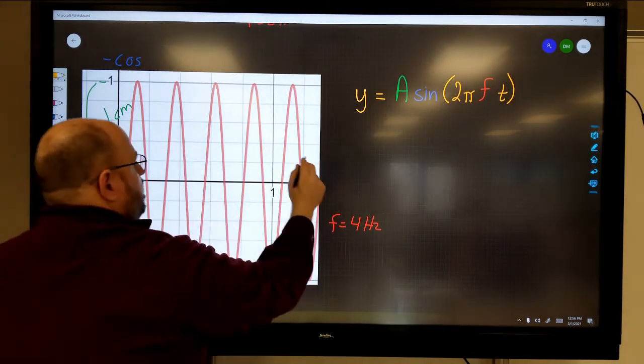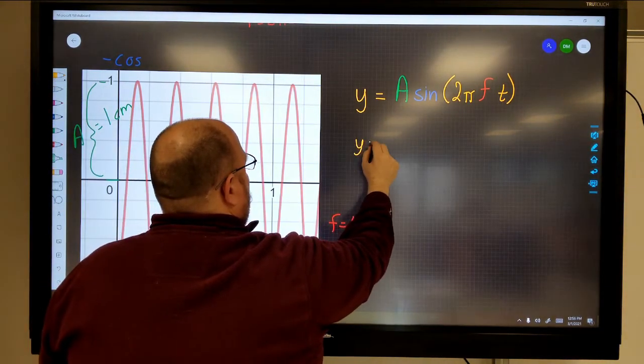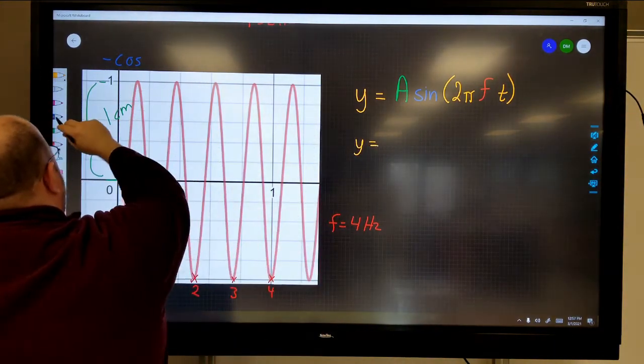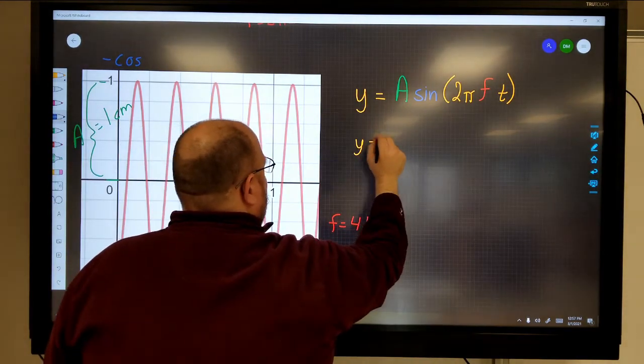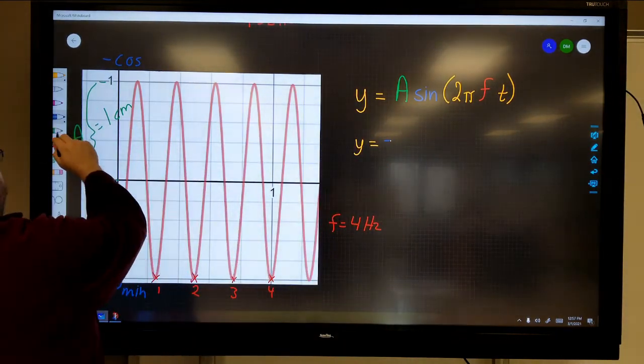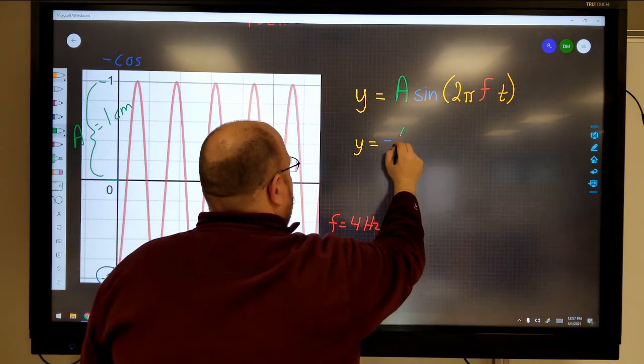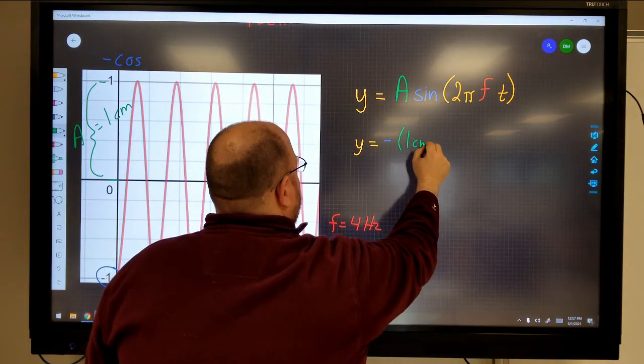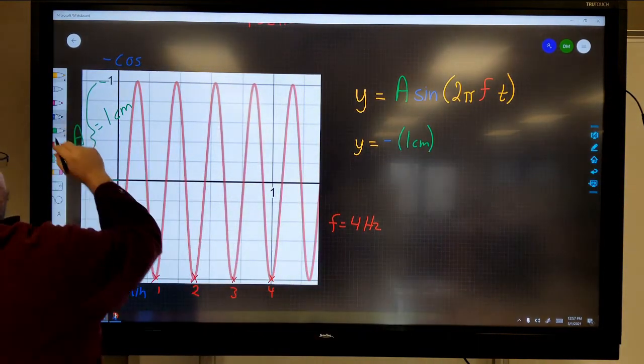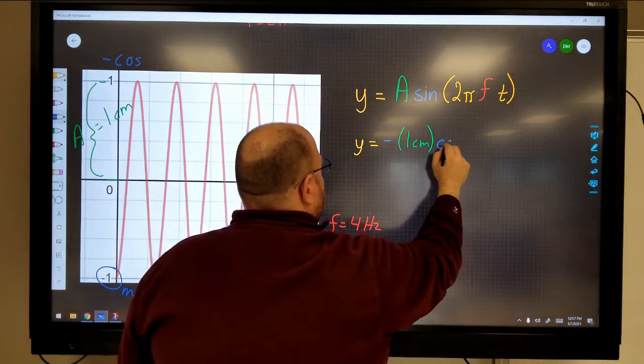And so that might look like y equals the negative cosine graph. So I'm going to go ahead and put the negative sign out front. And then 1 centimeter was our amplitude. And again, we know it is cosine.